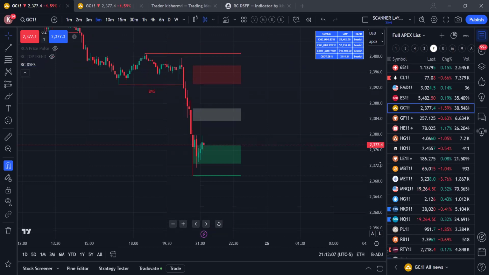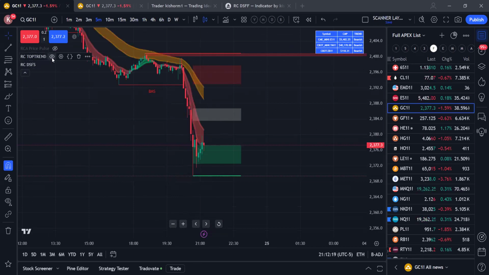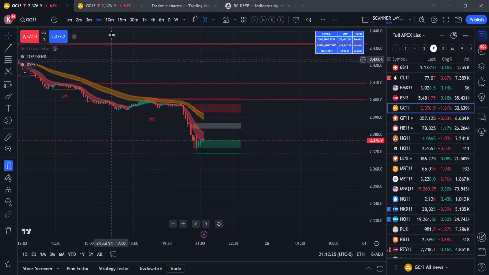When something is bearish, selling at the top is always best. Now it came to the bottom, but we have to see if top trend shows any strong support here. Where is the support?